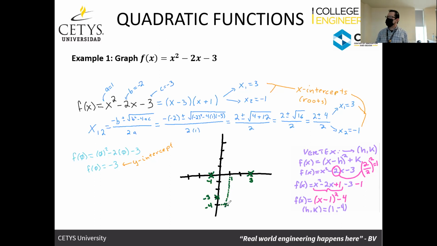So this is going to be another point. Okay, so this is going to be a sketch of the graph that's a little bit more precise. It's going to be a little bit more spiky than the other one.